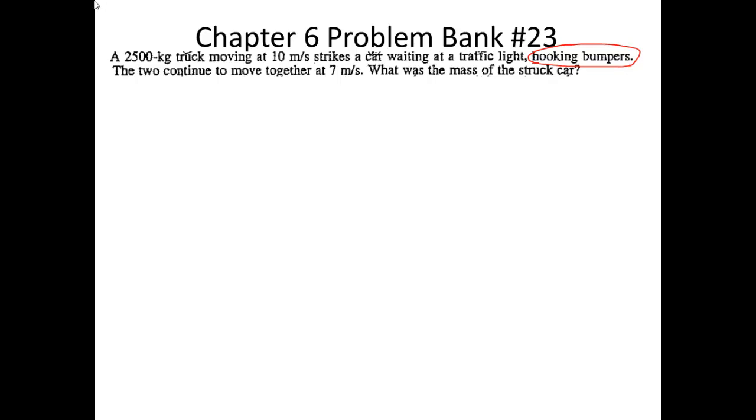So we are given that the mass of the truck is equal to 2,500 kilograms. The velocity initially of the truck is equal to 10 meters per second. The initial velocity of the car is equal to 0 because it was waiting at a traffic light.